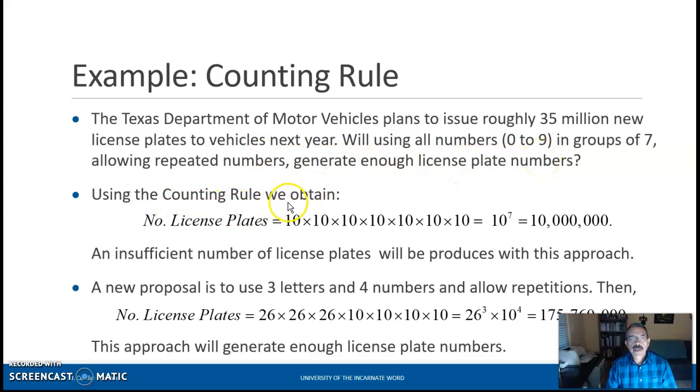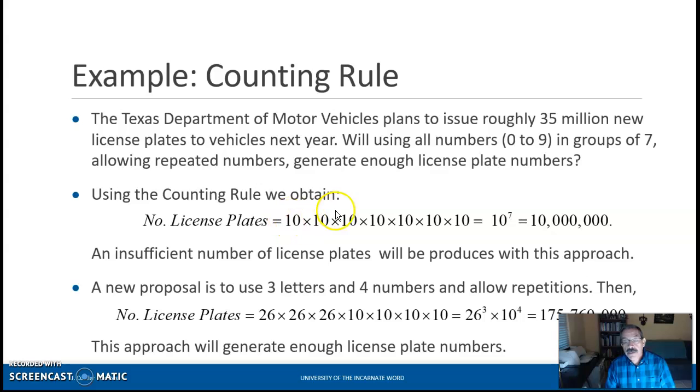Let's find out using the counting rule. We have 7 steps. In the first step, we have 10 digits to select from. In the next step, we have another 10 digits to select from because we're allowing the repetition of numbers. For the third step, we again have 10 digits to select from, and you could keep going all the way until you get to the 7th number.